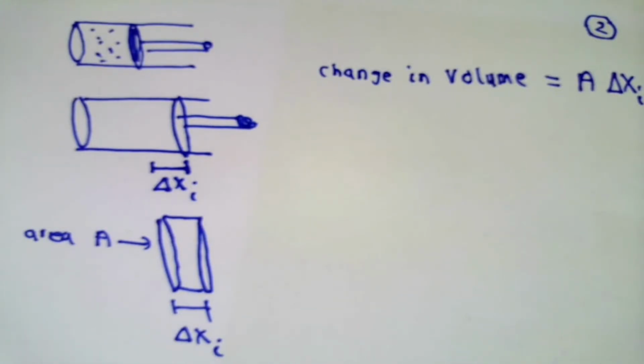Pressure is force divided by area, which of course immediately tells me that the force is the pressure times the area. As we move the piston head, the pressure changes, but the area doesn't.